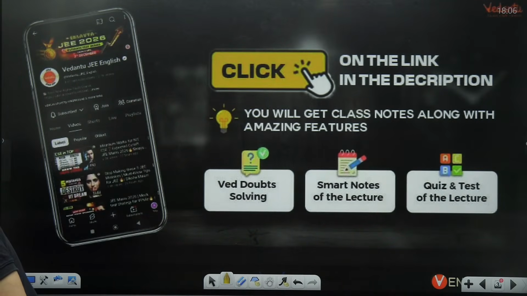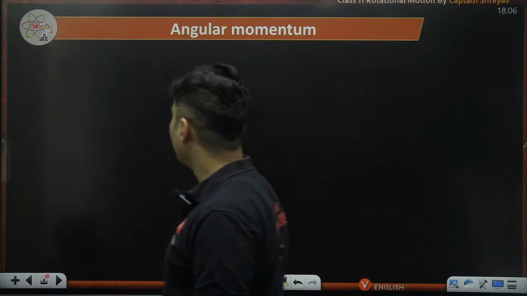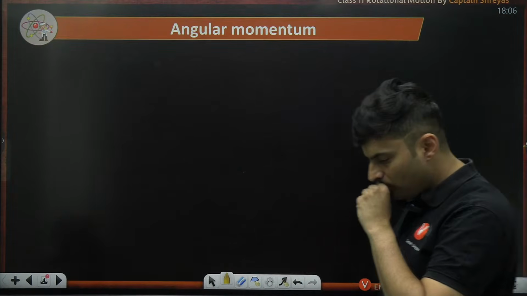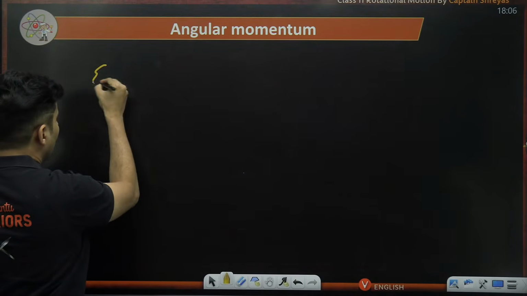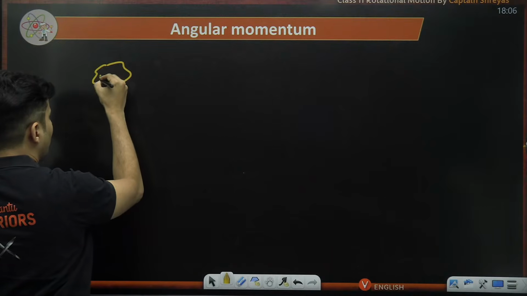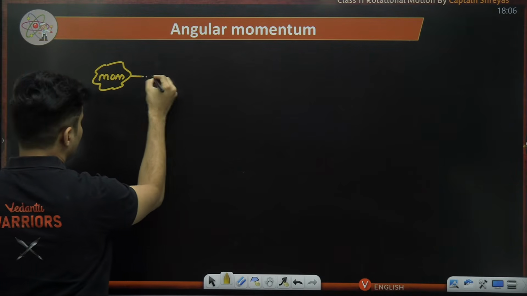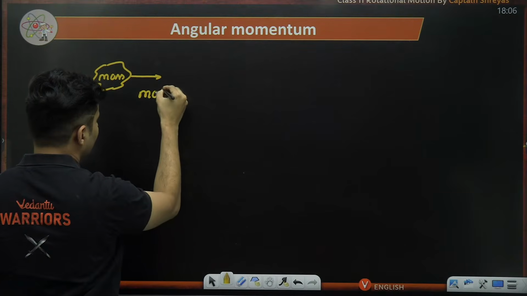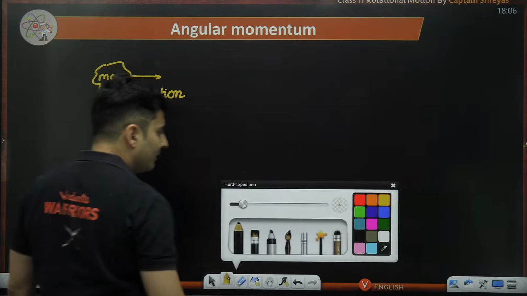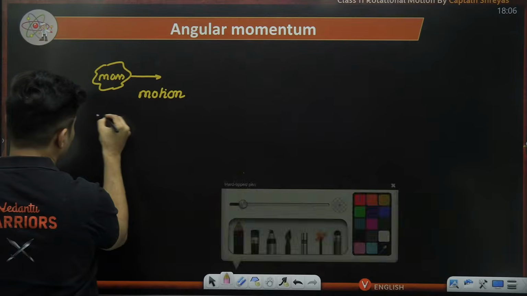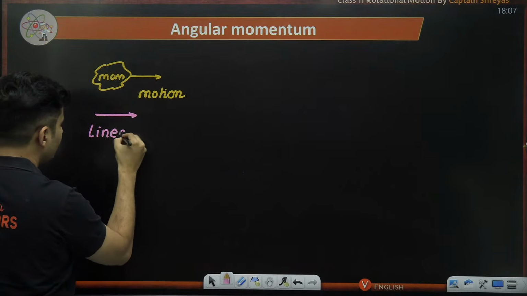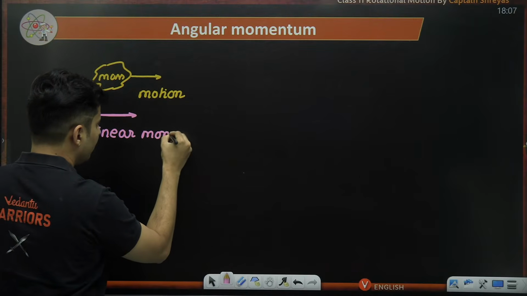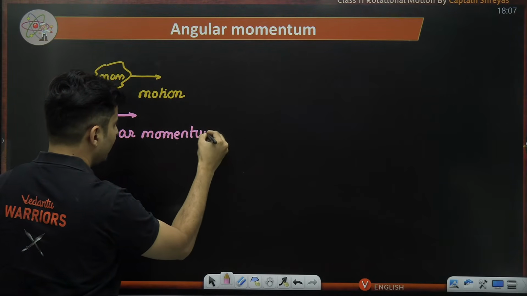Okay, cool. So let's begin with the class and let's start with the concept of what is angular momentum. Now see, if you have a body of certain mass which is in motion, then we say that such a body has something called linear momentum.